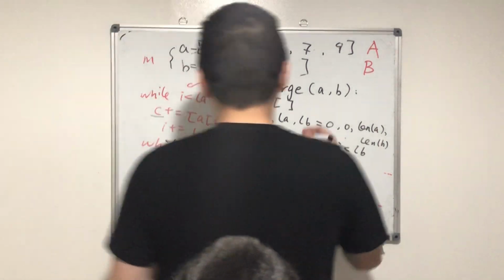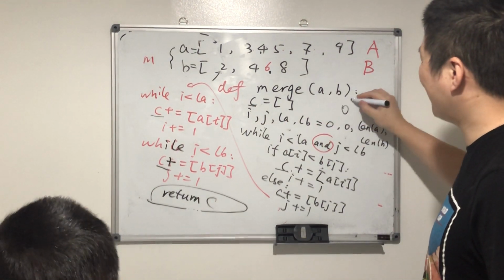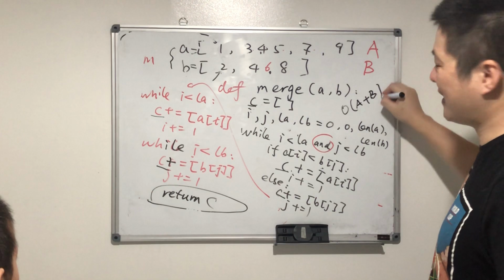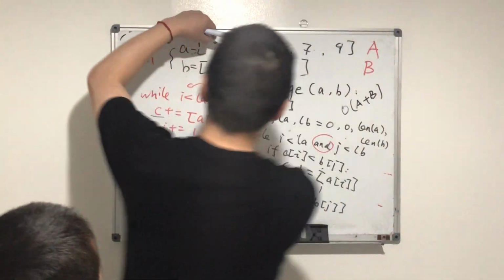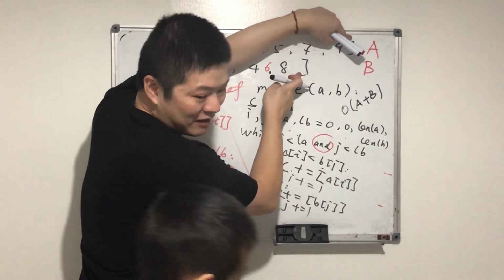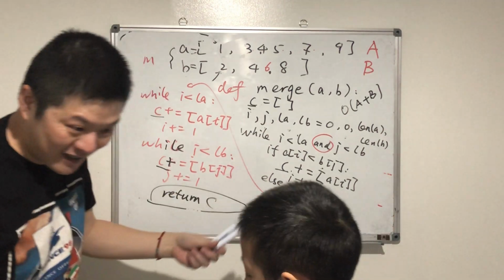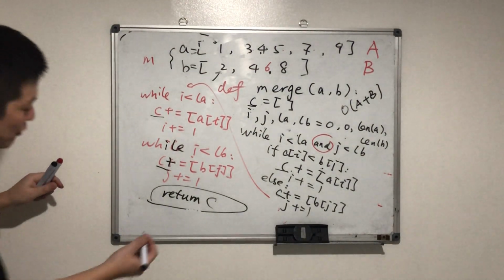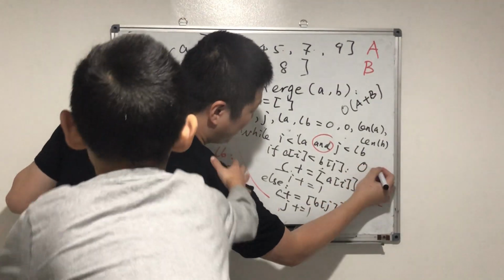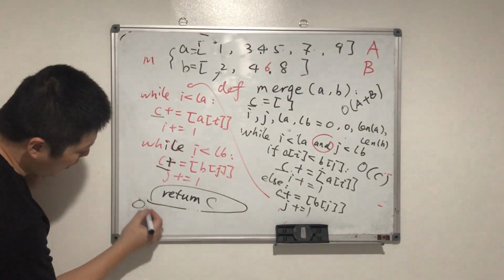So this complexity will be just A plus B. Why? Because I have two pointers. My job is to move them to the end, and just one scan, that will be A plus B, right? So it's faster, yeah? It's a bit faster than previously. Remember the previous one is O what?